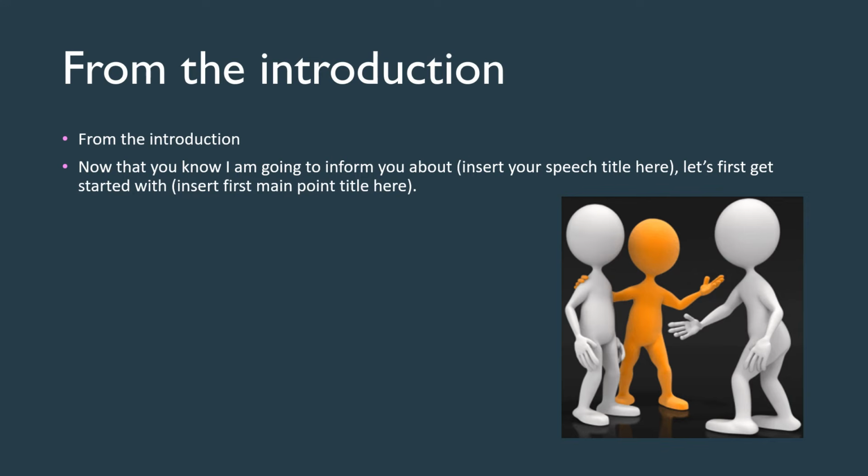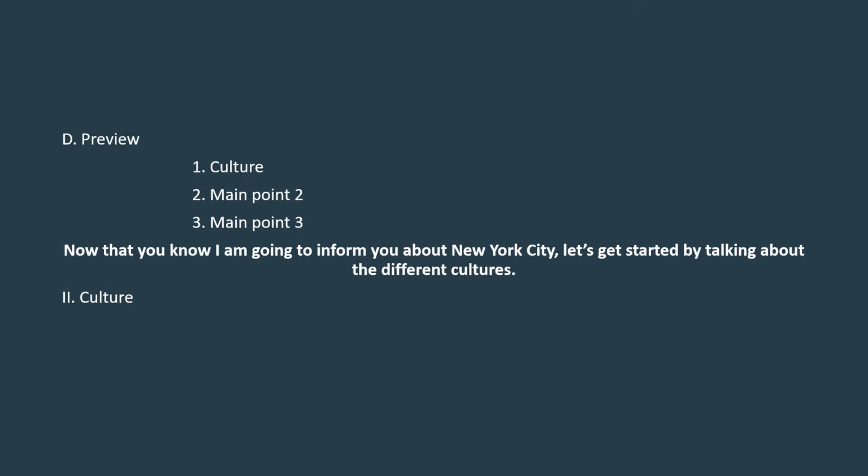An example would be, now that you know I'm going to inform you about New York City, first let's get started with the cultures that can be found in New York. Here is an example of how that previous transition would look if you were writing your outline in keyword format. Notice that you are allowed to write your transitions out in full sentences.